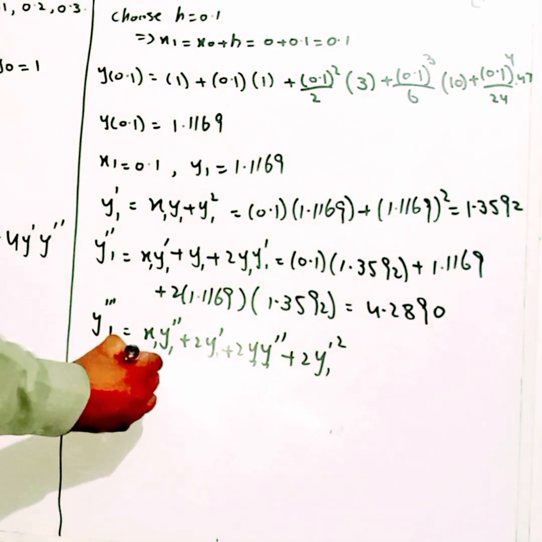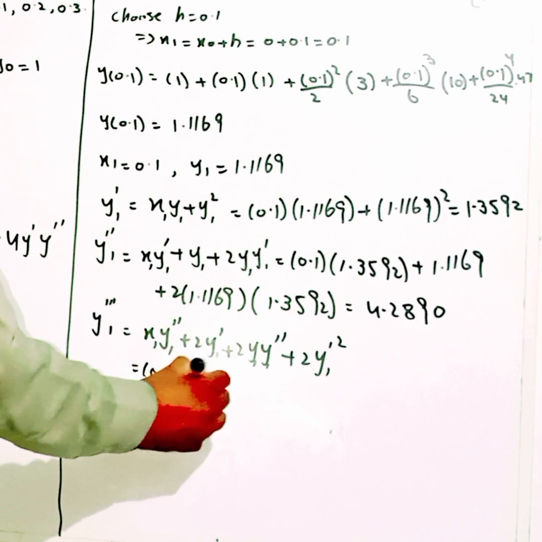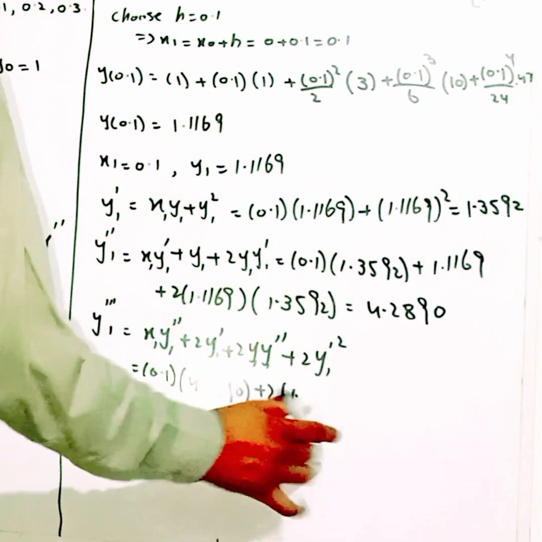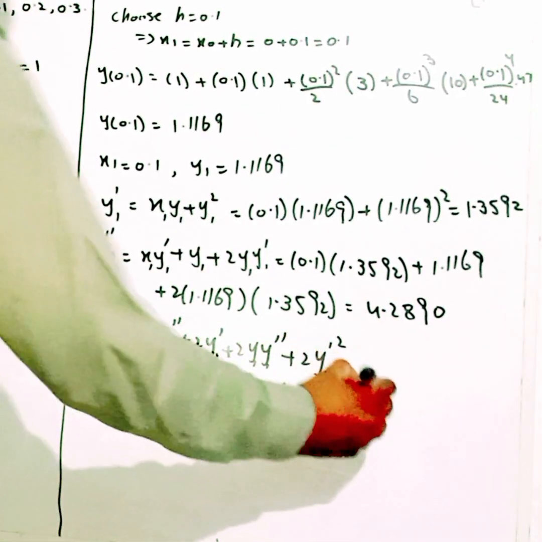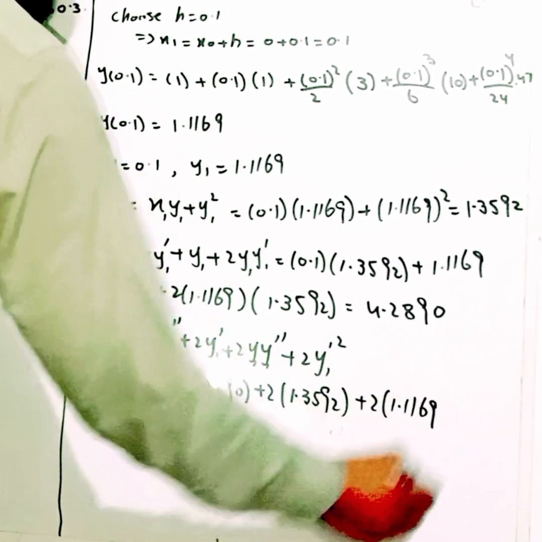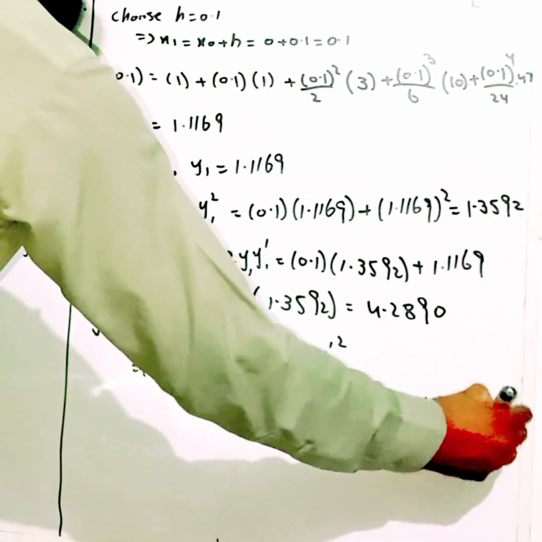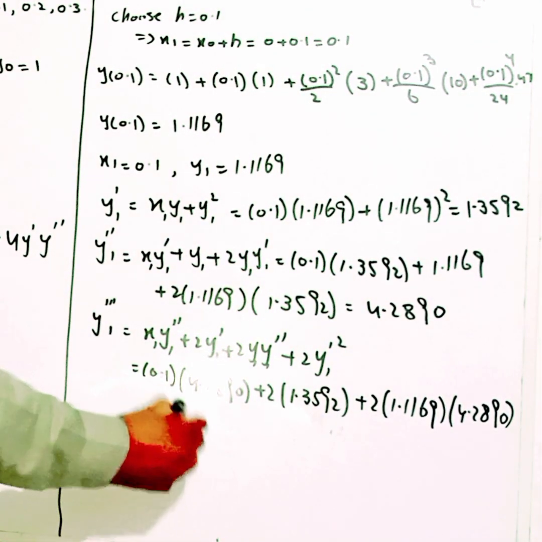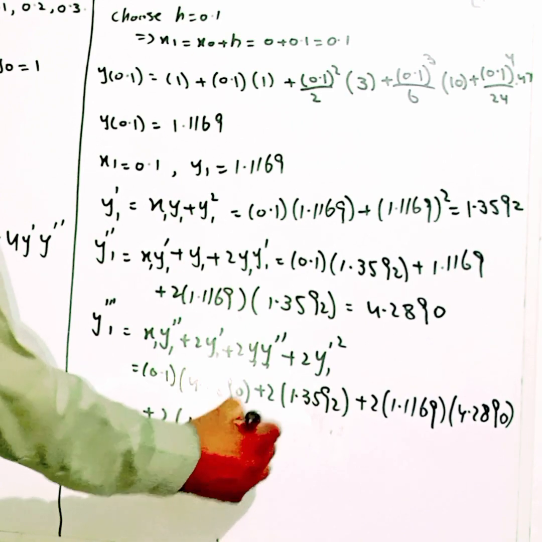Putting these values we obtain x1 is equal to 0.1, y1 double prime is equal to 4.2890 plus 2 y1 prime equal to 1.3592 plus 2 into y1 is equal to 1.1169 and y1 double prime is equal to 4.2890 plus 2 into y1 prime square, 1.3592 square.